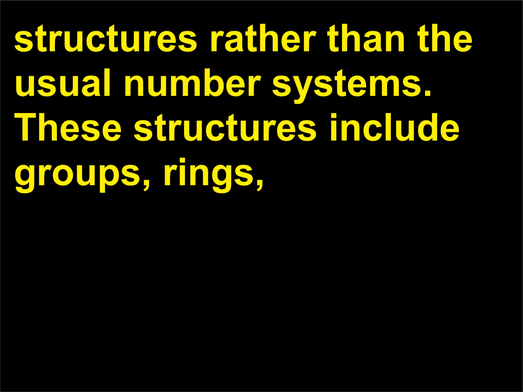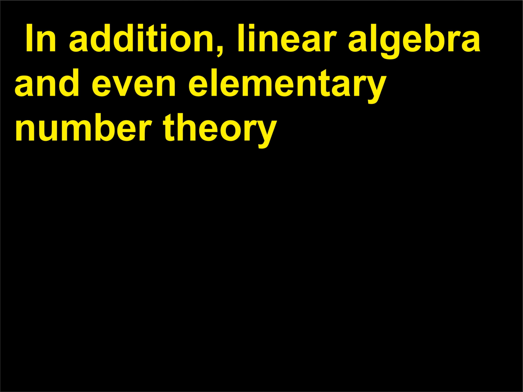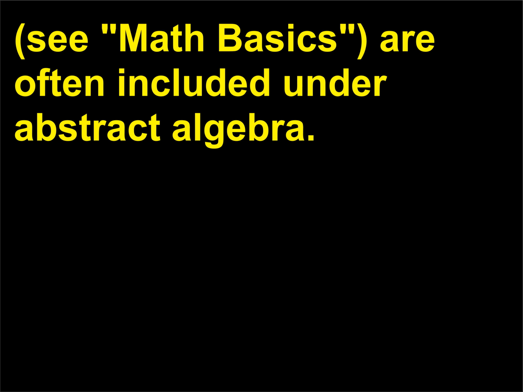These structures include groups, rings, and fields. Branches of these topics include commutative and homological algebras. In addition, linear algebra and even elementary number theory, see Math Basics, are often included under abstract algebra.